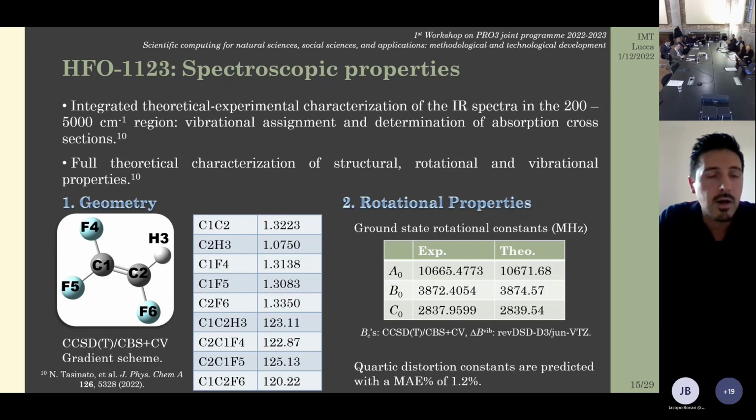This is the result of an integrated theoretical and experimental study in which the experimental spectrum of the molecule has been investigated in the 205,000 wave number region. Here we have in practice interpreted the vibrational structure and determined the absorption cross sections, and this characterization has been driven by our computations of geometry as well as the spectroscopic rotational properties.